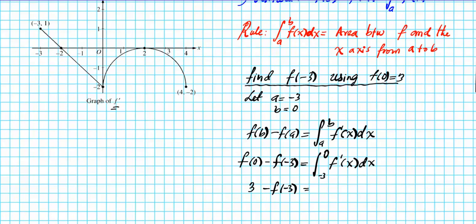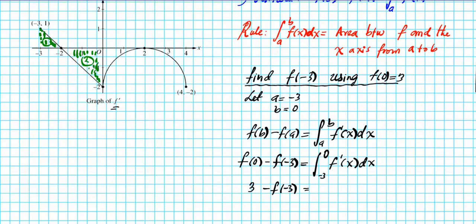So we're looking for this area right here. Let's call this 1 and 2. Okay, we're looking for the area of those two regions right there. That's what represents the definite integral. So let's make boundaries for this now. So we're looking at this area right here, and then this area right here.